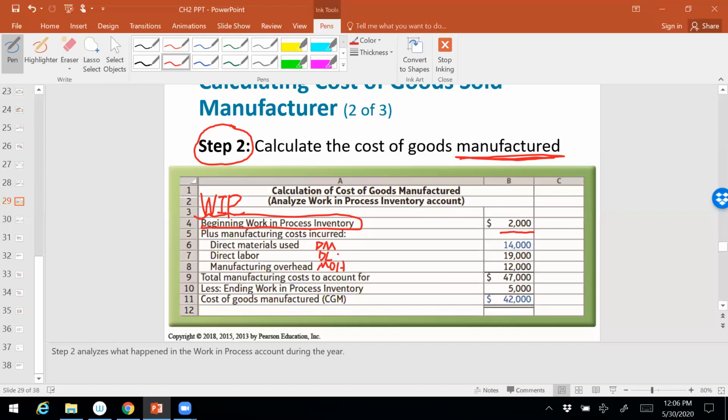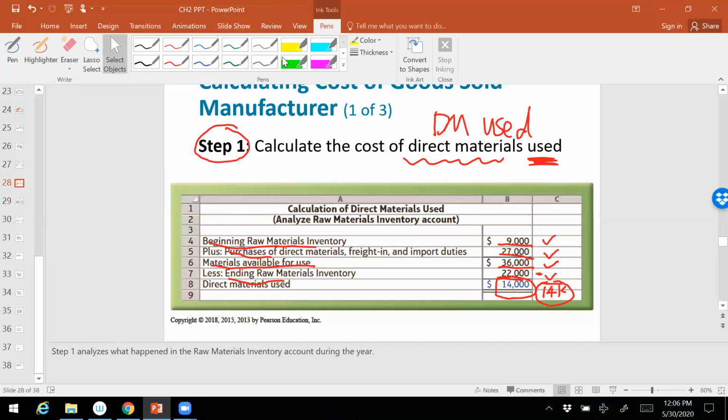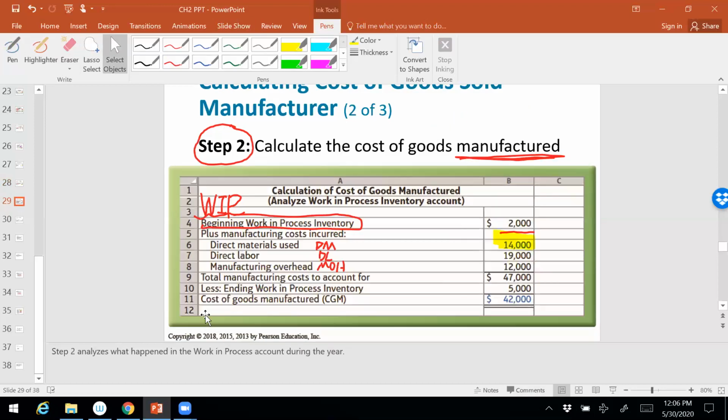The question will tell you direct labor is 19,000 and manufacturing overhead is 12,000. But you calculated direct material used as 14,000. How did you get that number? You calculated it here, $14,000. So how do we link it? We use our direct material used from the last step.